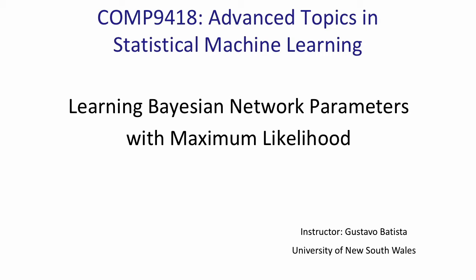This lecture will be complemented by the next lecture when we're going to discuss how we learn the structure of the Bayesian network from data. So in this case, we're going to learn the graph. And if we use these two approaches, we can learn the entire Bayesian network from data.